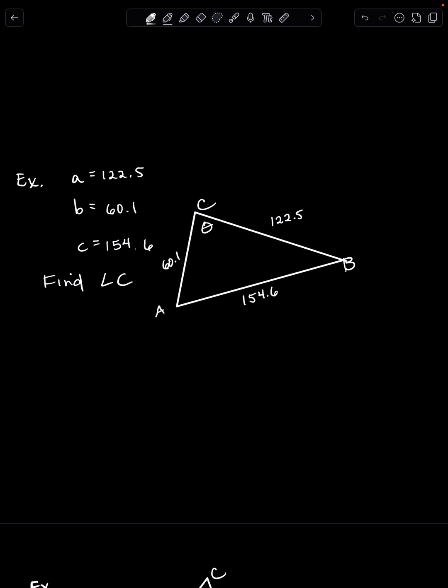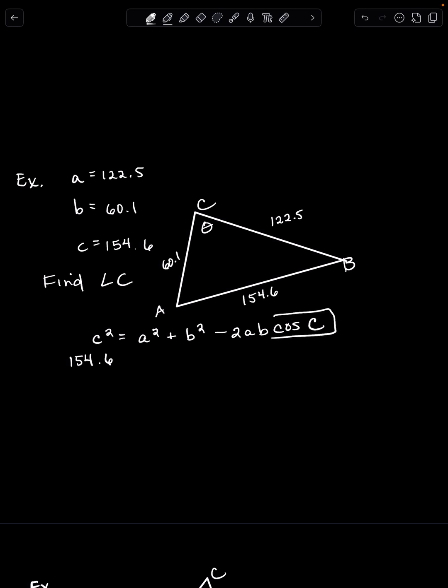So the other two sides. So I've got c squared, which is 154.6. Let me write it out. So we've got c squared equals a squared plus b squared minus 2ab times the cosine of C.